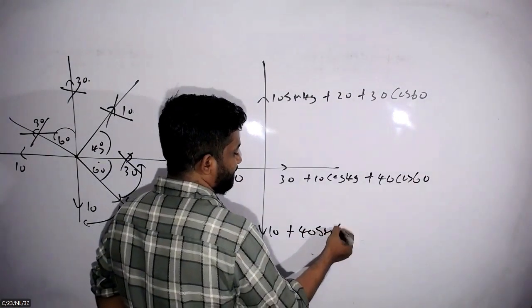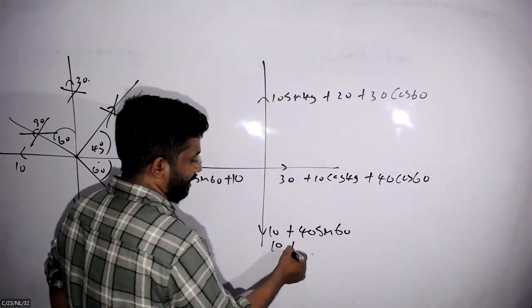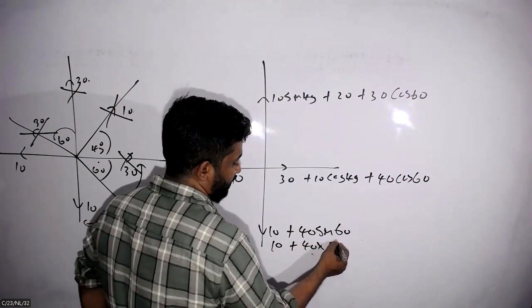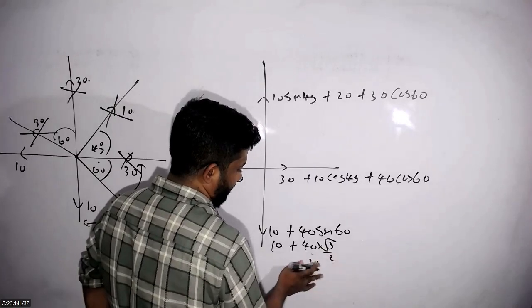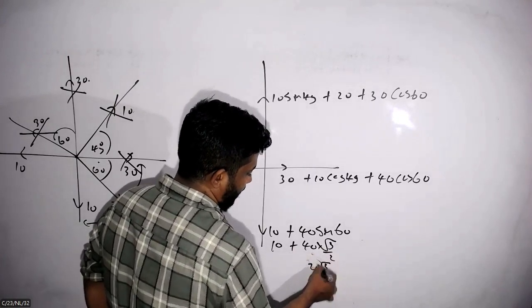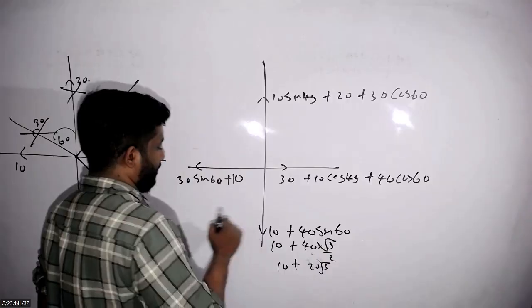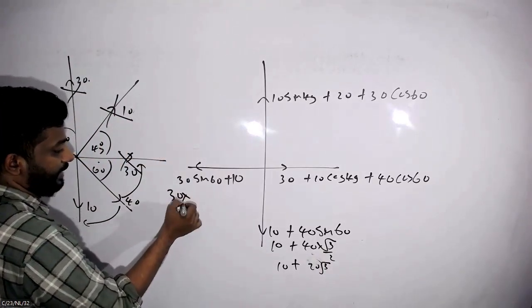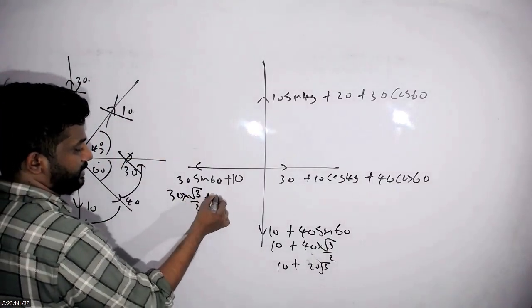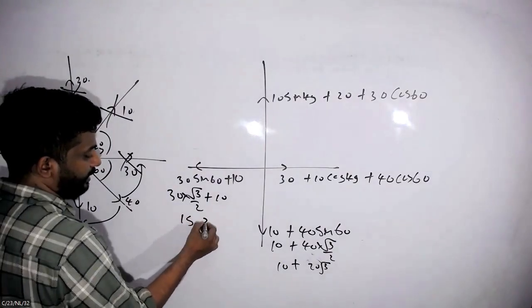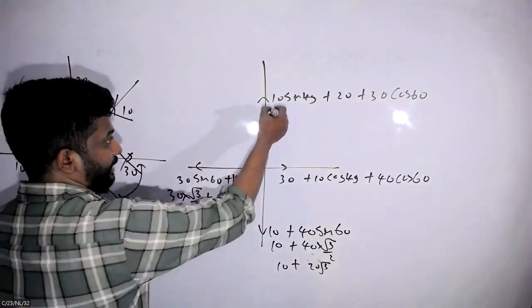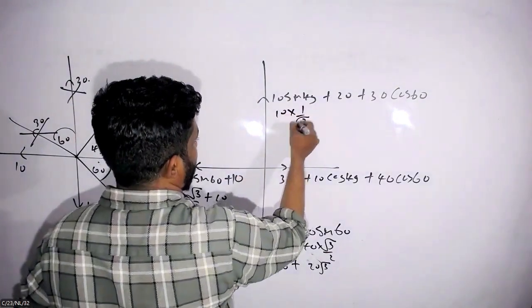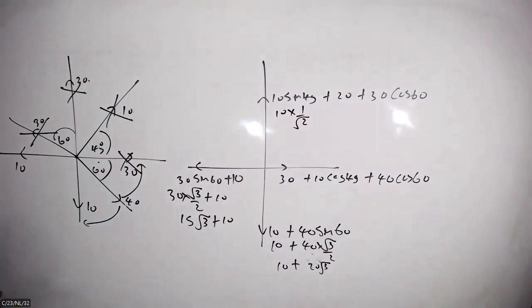Then you can simplify these values. 10 plus 40 sin 60, where sin 60 is root 3 over 2, that is 20 root 3, plus 10. Here, 30 sin 60, root 3 over 2, plus 10. Then the answer is 15 root 3 plus 10. For 10 sin 45, sin 45 is 1 over root 2.